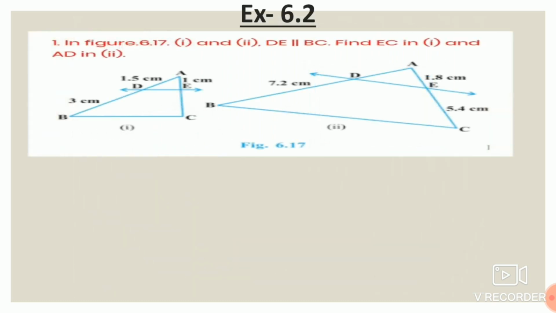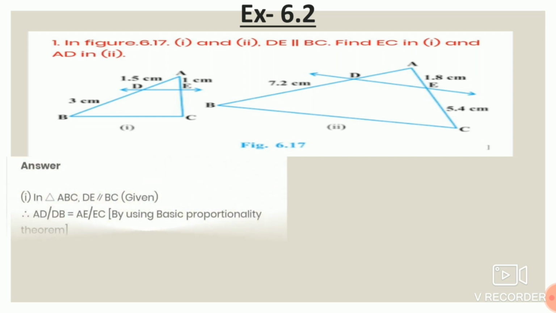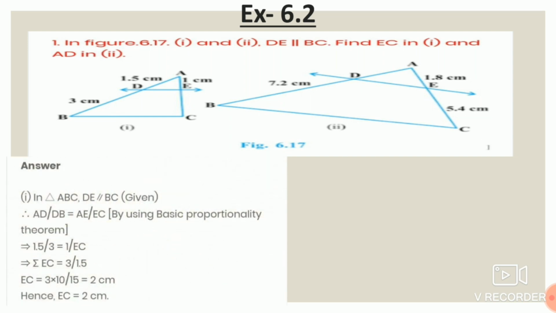Exercise 6.2, here we will solve the sums using the basic proportionality theorem. In figure 1, it is said that DE is parallel to BC, so we have to find EC. To find EC, we can see that DE is parallel to BC, so here we can apply the basic proportionality theorem.